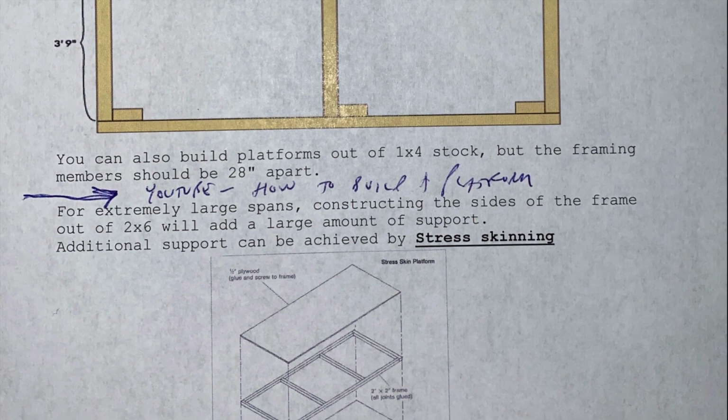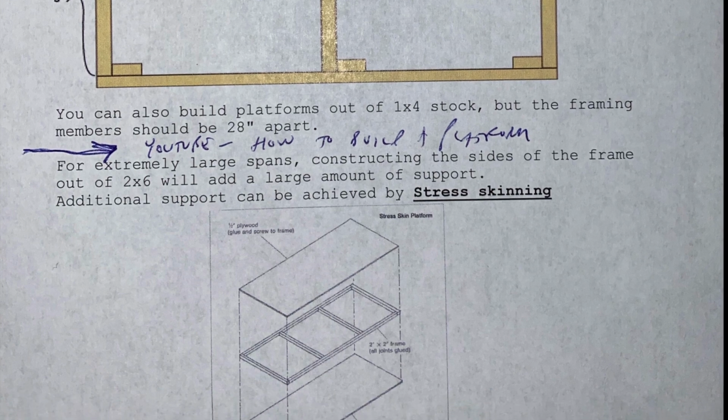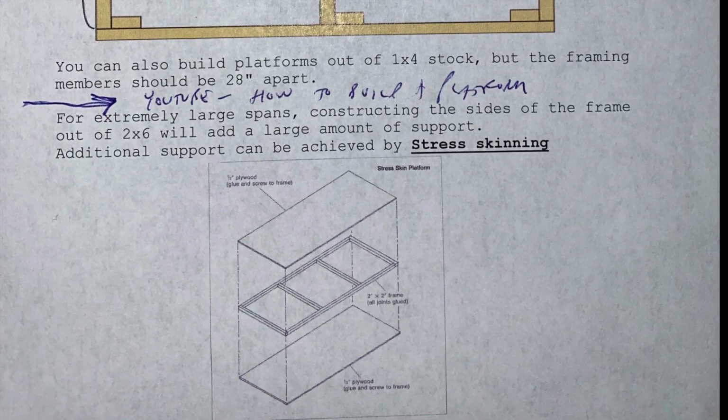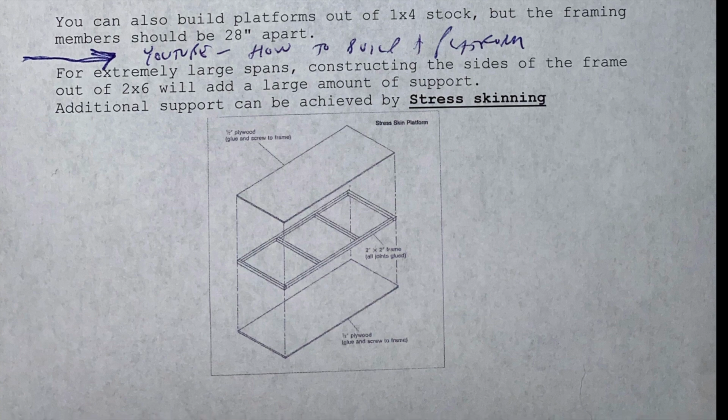Yes, easy to build. If you suddenly after you built it decide, oh, this is not holding up the way I thought it would, one of the easiest ways to strengthen a platform is to add a second layer of plywood on the bottom of the platform. This is called stress skinning. A piece of 1/4 inch plywood added to the bottom of a standard 4x8 3/4 inch platform will double its strength.